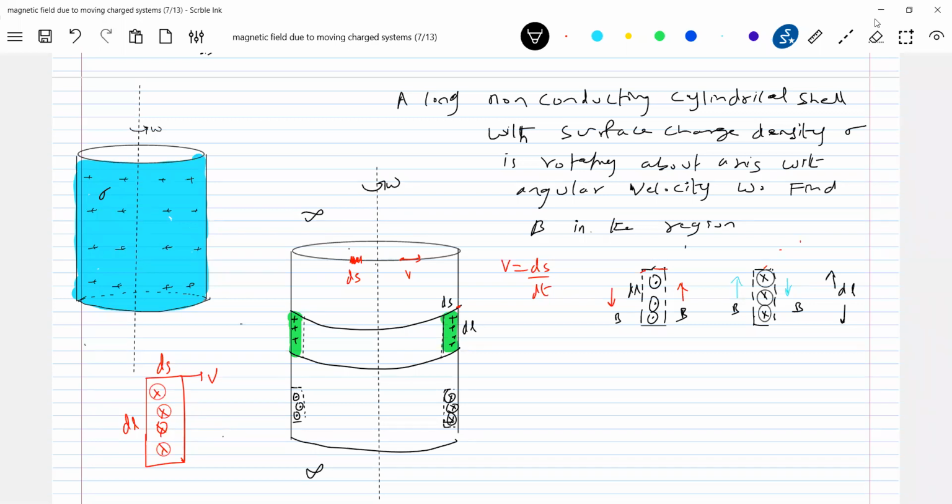Straight away, only one strip. At least you do one thing. At least do for one strip here. B dl here only.